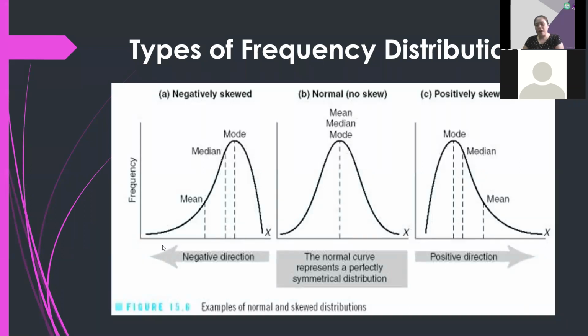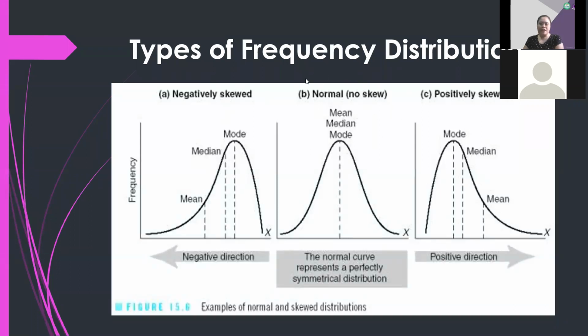So meron kang mga data here na medyo maliit, nag-e-exist sila dito. Merong mga data dito na konti lang yung frequency. Tapos yung peak natin, yung may pinakamadaming frequency, nandito sa right side. That's, again, negatively skewed the set of data.